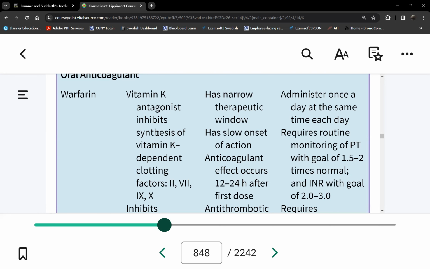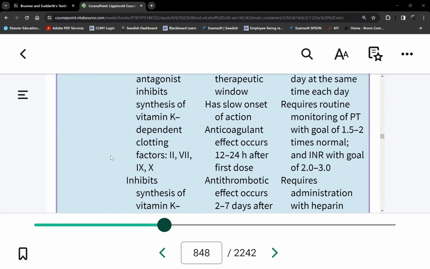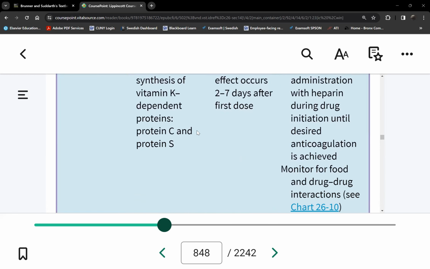So until the target INR is reached, between 2 and 3, or whatever the doctor set, the patient must be on both. Patients receiving IV heparin are also receiving warfarin once a day. Any questions? Sometimes some nurses don't understand why two. This is the reason.